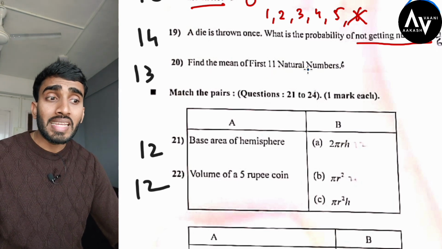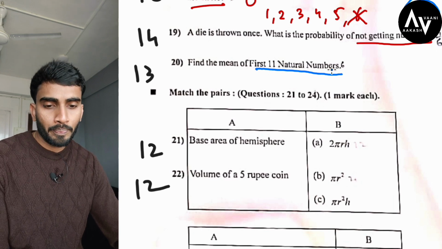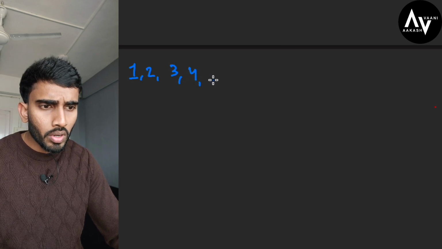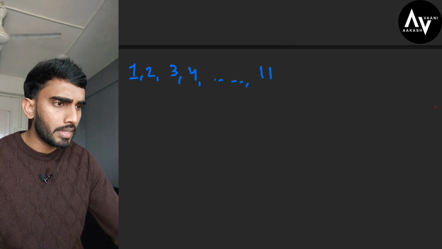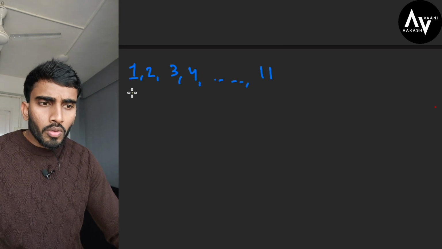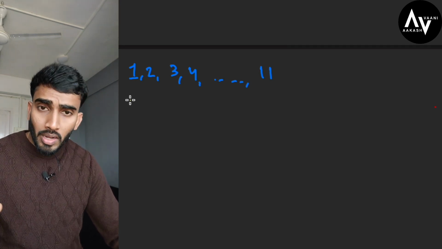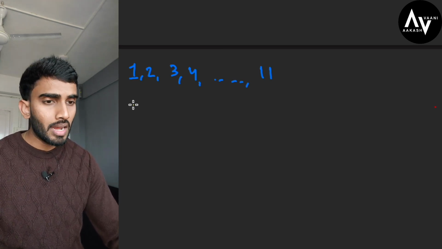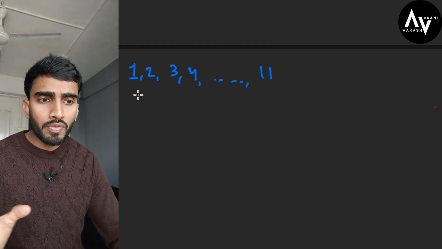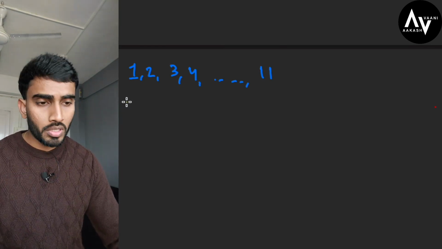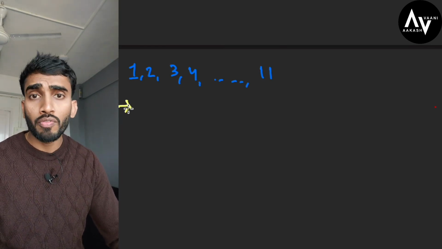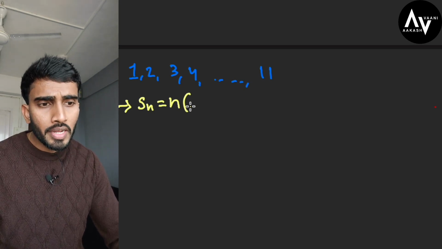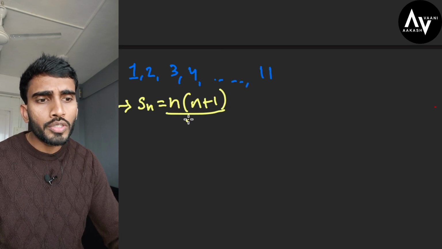Find the mean of the first 11 natural numbers. The first 11 natural numbers are 1, 2, 3, 4 and so on till 11, right? Now, how to find the average? Add all the integers and divide by 11, as there are 11 entries. To find the sum of these 11 integers, in the arithmetic progression chapter we have the formula for the sum of the first n natural numbers, which is Sn is equal to n into n plus 1 upon 2.